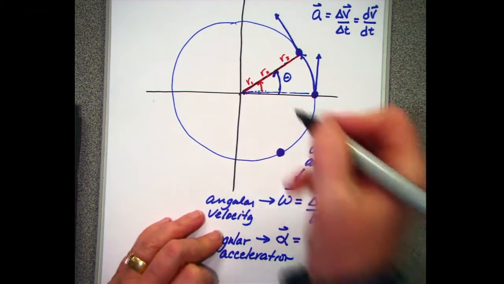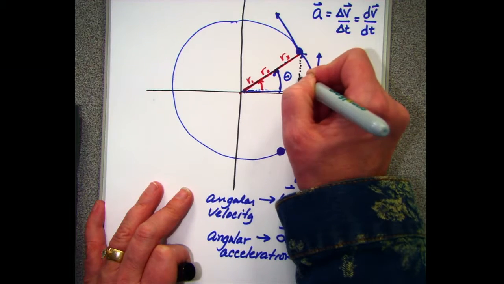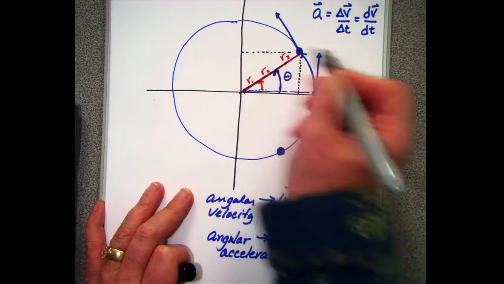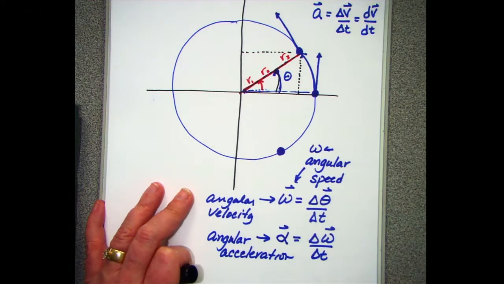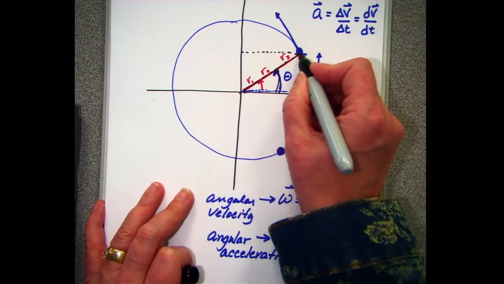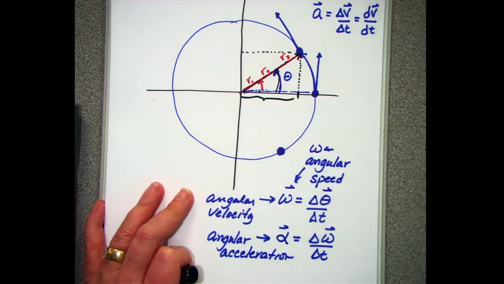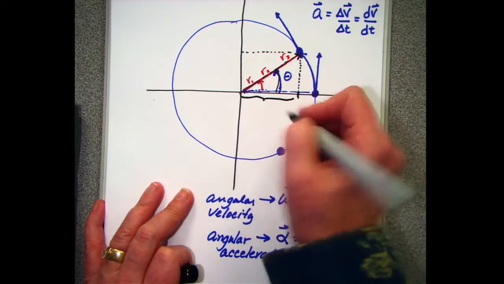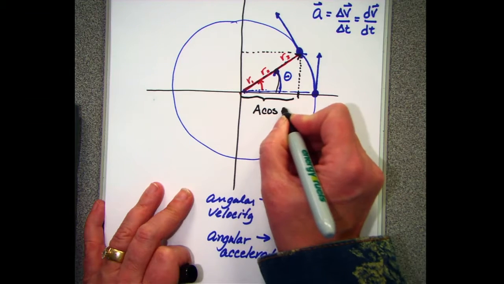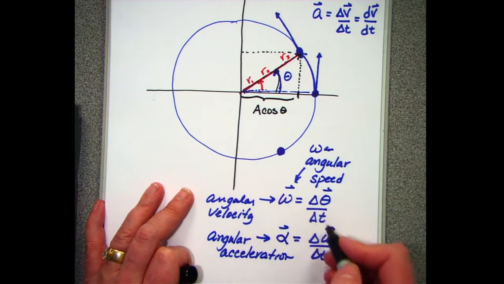Now, a couple of other interesting things that we can look at. I can represent my motion here. If I have this angle theta there, the position of this vector as it goes through, depending on where I'm at, is always going to be a cosine of my angle. But look at where my angle is.